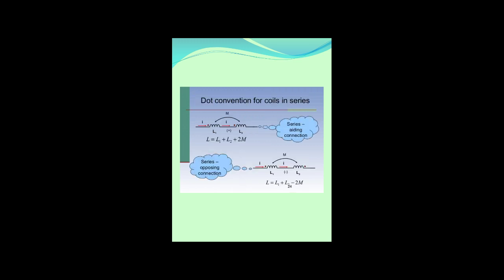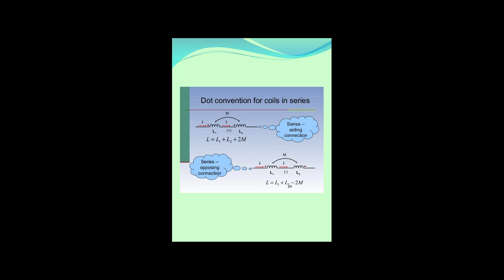Now, series connection of two magnetically coupled coils. If both the coils have the same dot convention, meaning at the dot terminal current is entering, then the total inductance is L is equal to L1 plus L2 plus 2M.